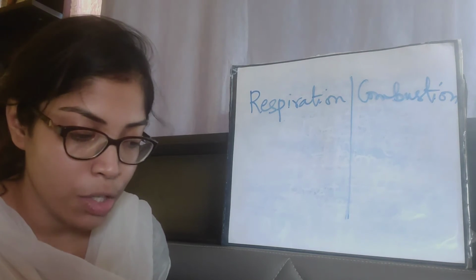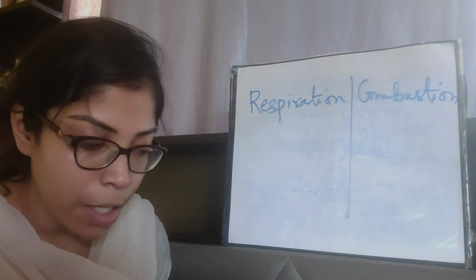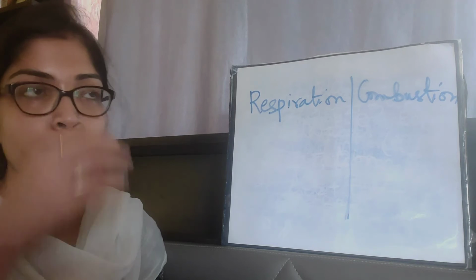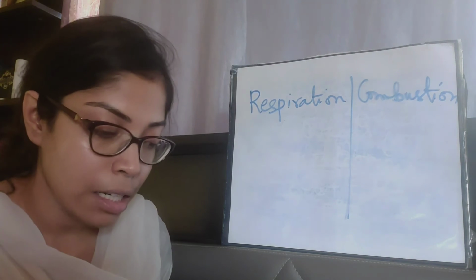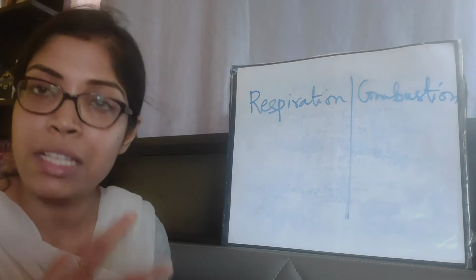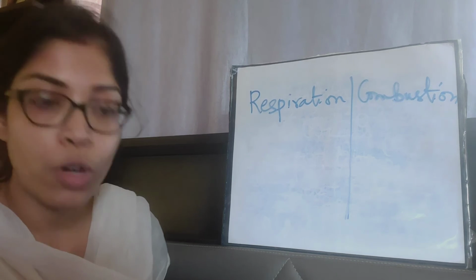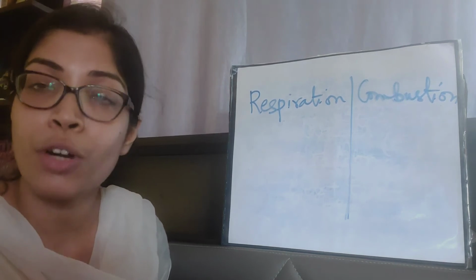The last point: under respiration, conversion of carbohydrates to carbon dioxide and water occurs in many steps. So we have already seen that in respiration, glucose, which is basically a carbohydrate, is broken down to produce ATP. And what products are formed?